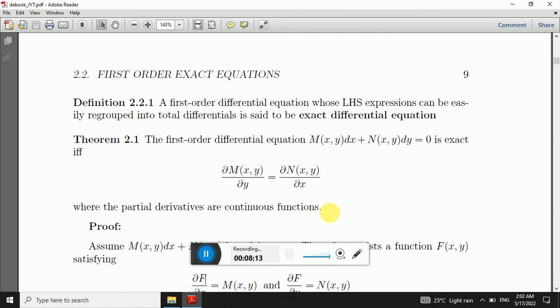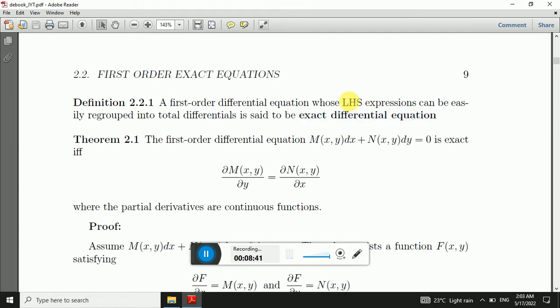And we are saying that a first order differential equation whose left hand side expression can be easily regrouped into total differentials is said to be an exact differential equation. So now we are adding a new definition, an exact differential equation.